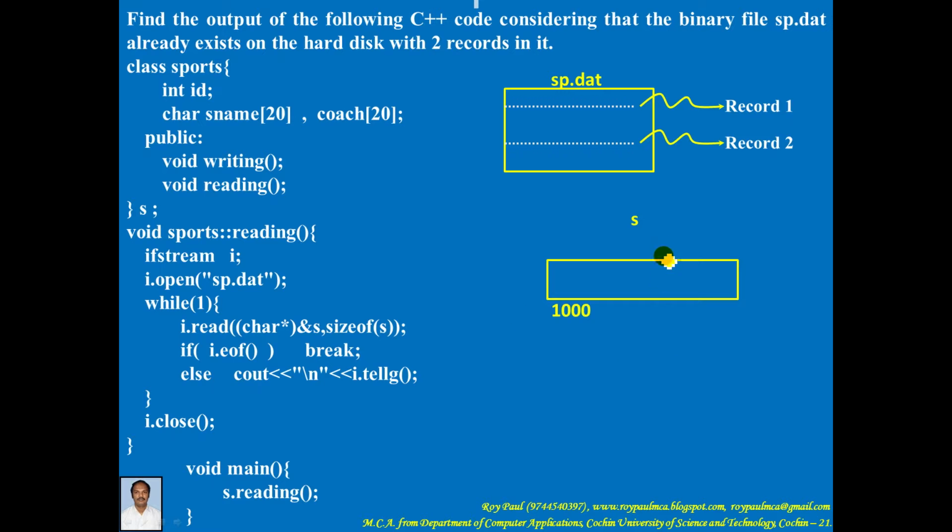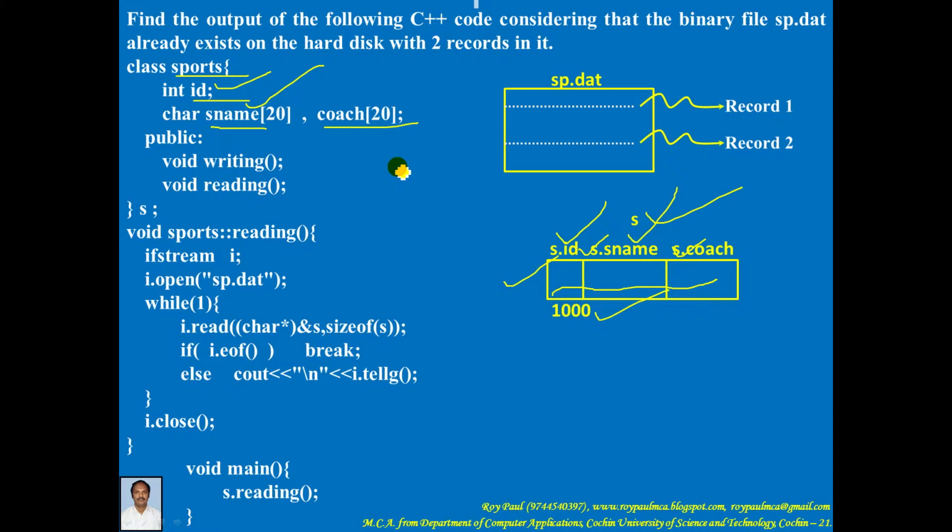It can be done like this: name, content and some address. The content area is divided into three parts because this class consists of three data members. The first one is s.id, the second one s.sname, and the third one s.coach. So memory is allocated for this global object S.